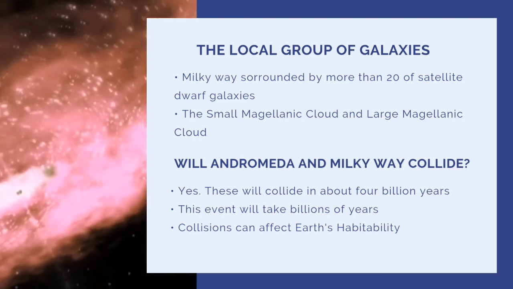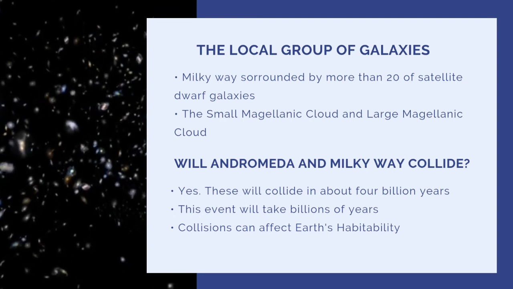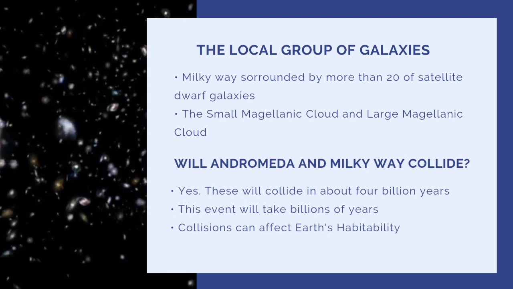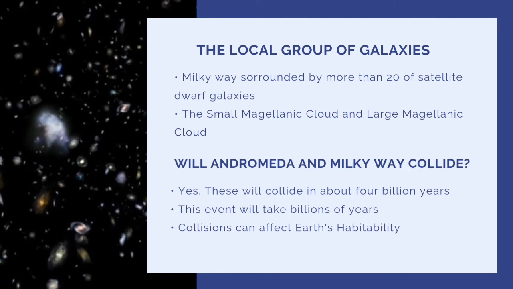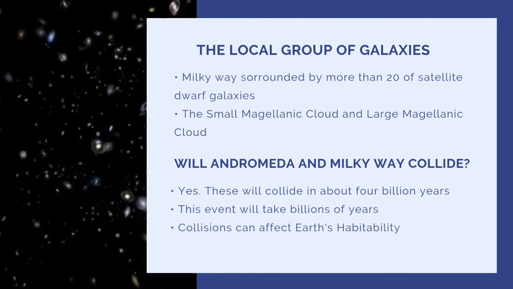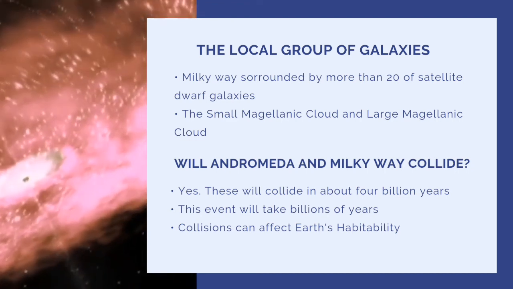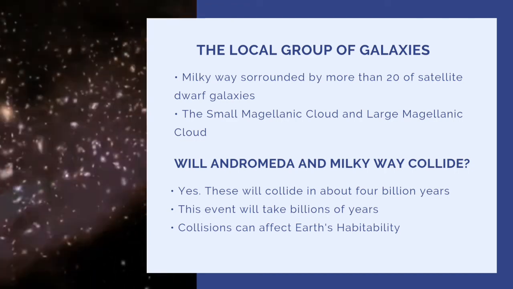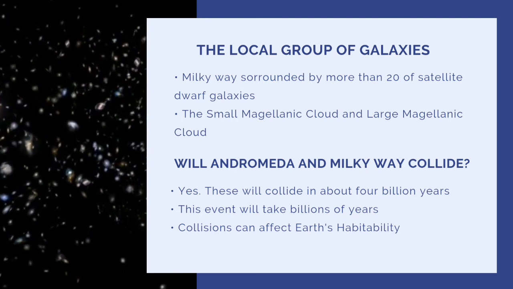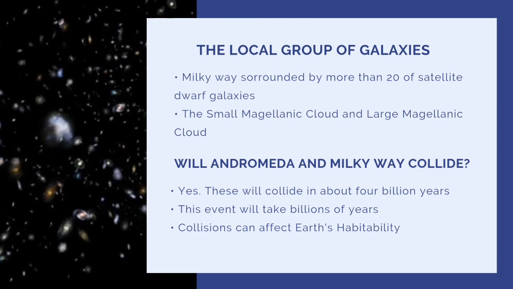Will Andromeda and the Milky Way collide? We all know that Andromeda and the Milky Way are the two largest galaxies in the Local Group. Hubble noticed over a century ago that Andromeda's spectrum was blue-shifted, indicating that it was nearing the Milky Way. This led astronomers to wonder if and when Andromeda and the Milky Way would collide and form a merged galaxy.